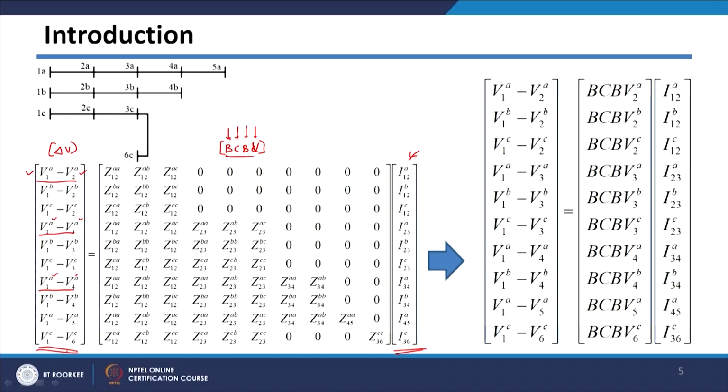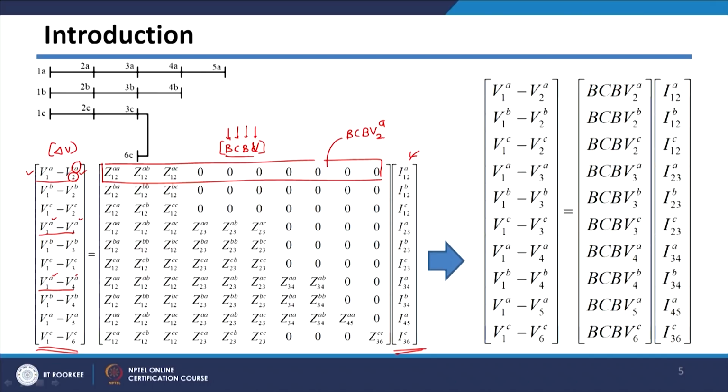In the case of BCBV, I am dividing this matrix into rows. If I consider this particular row of the BCBV matrix, since it corresponds to node 2 and A phase, I am calling this row BCBV 2A.